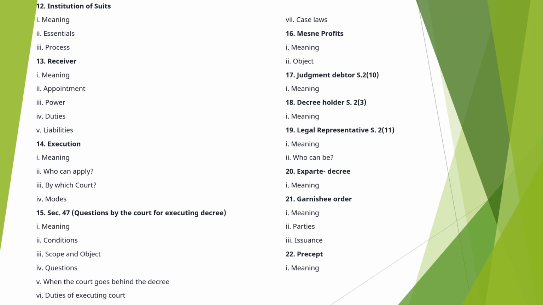Meaning and who can be legal representatives we will see in this one. Ex parte decree, meaning will be read in this topic. Garnishee order: meaning, parties, issuance we will discuss under the garnishee order topic. Precept: what is the meaning of precept we will see in this topic.